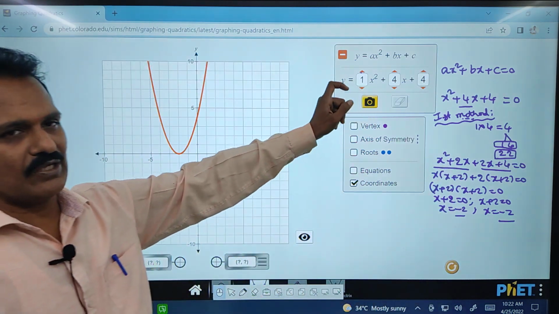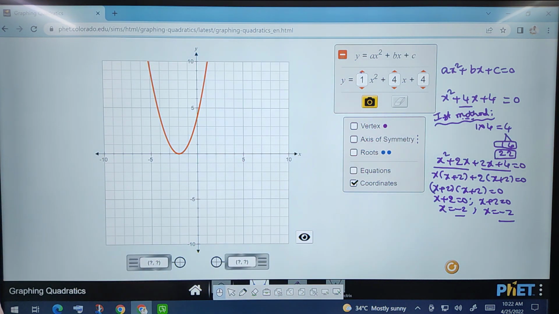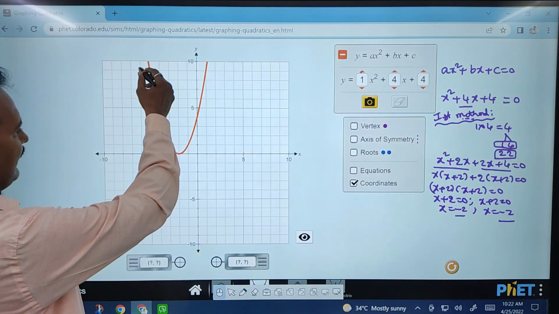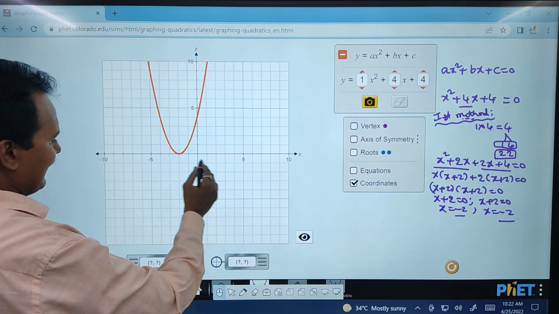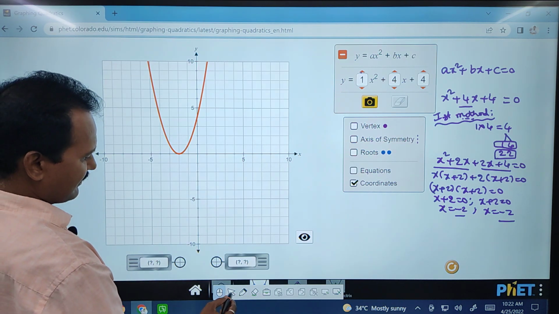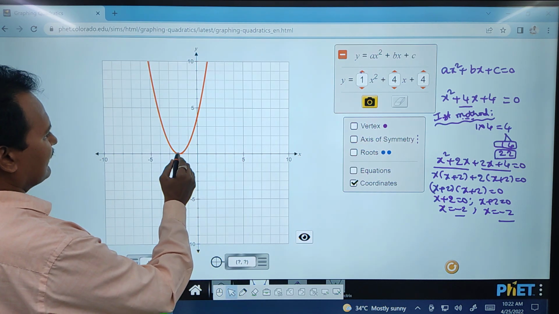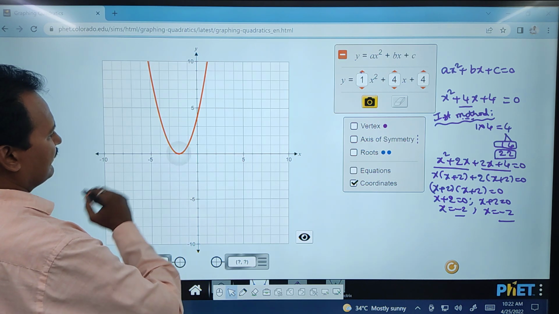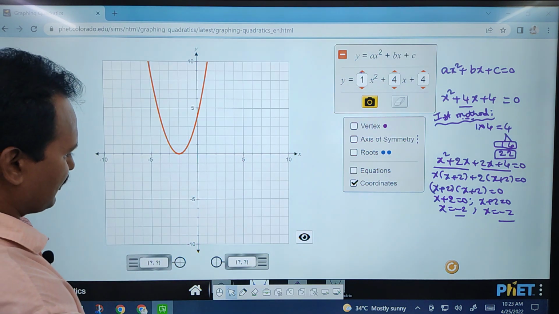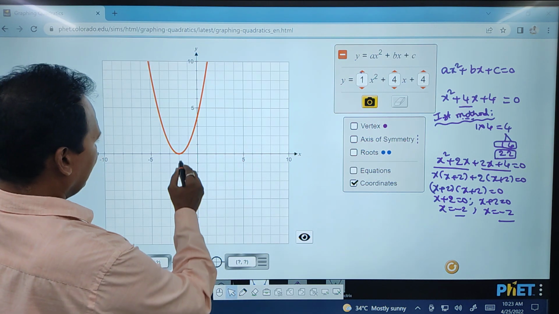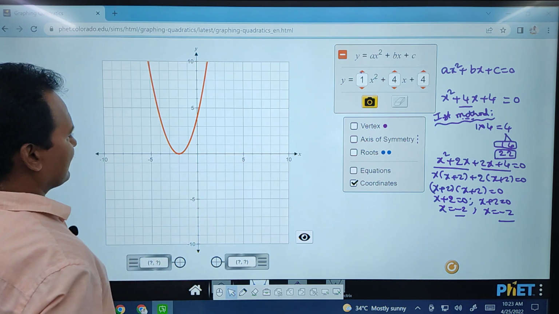So 1x square plus 4x plus 4. If you take x square plus 4x plus 4, this graph touches the x-axis at one point. In this point, it touches the x-axis.